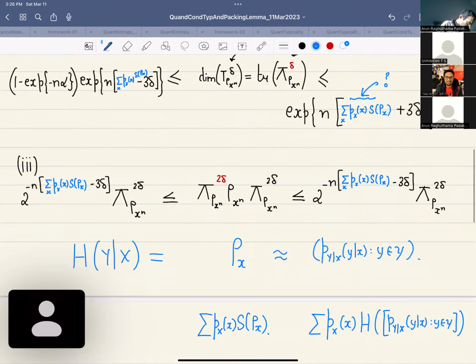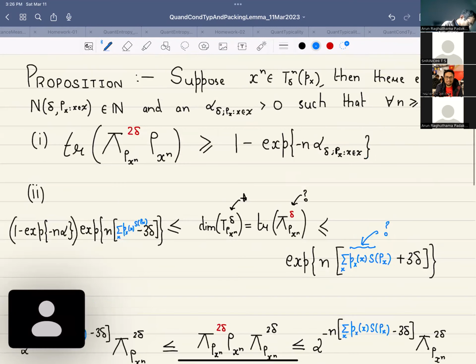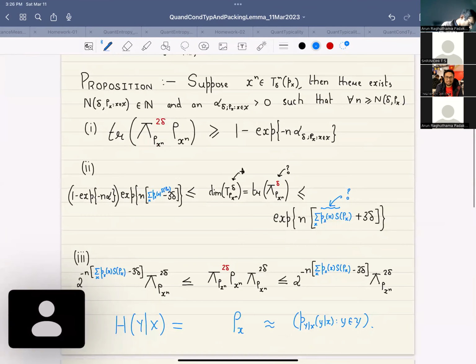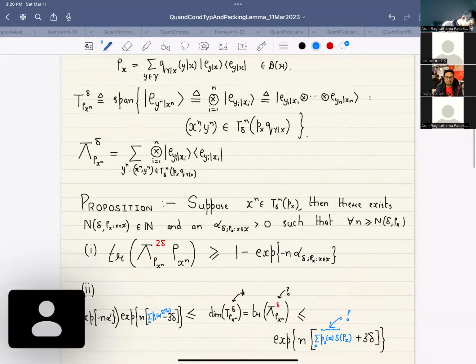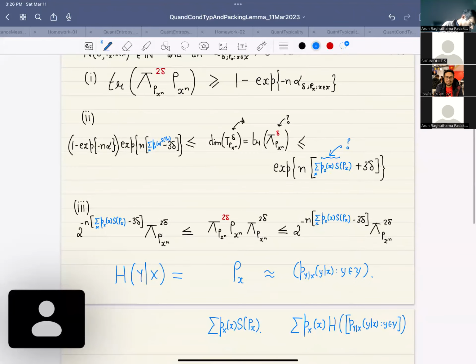So this is your conditional quantum typicality. Again, the proofs are identical. Let's try the first one. Remember, I told you that you should always do the first one, then the second one, then the third one.